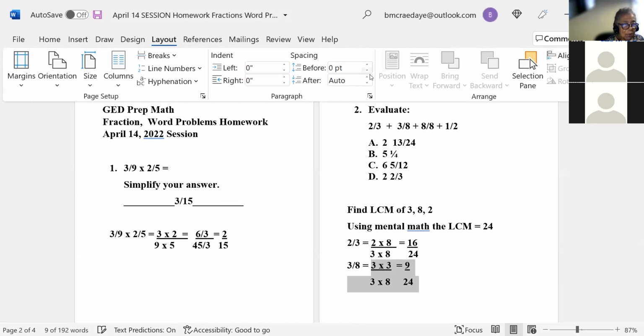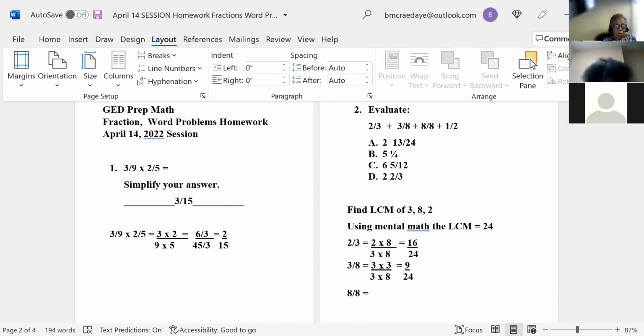What number? 8 over 8 is equal to what number over 24? 8 over 8 is a 1, right? So what number over 24 is equal to 1?